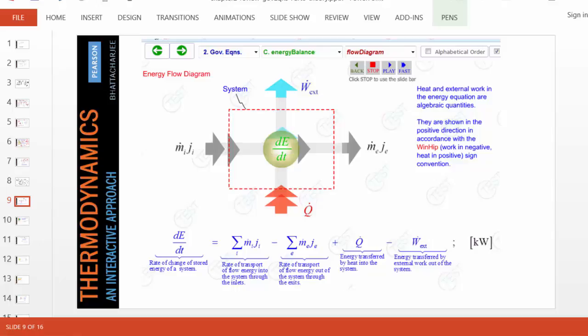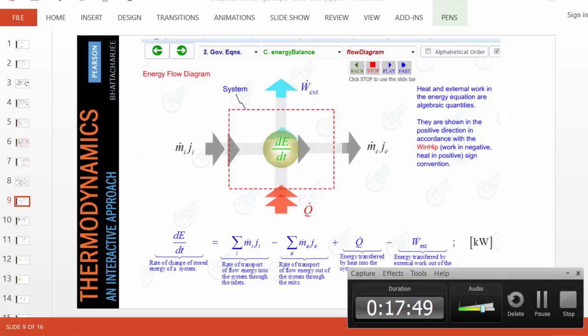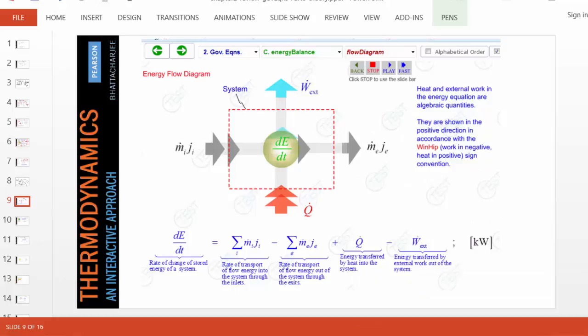So the energy equation for an open system shown in the red boundary is given by the following equation, where dE/dt is the rate at which the energy stored inside the system is increasing. dE/dt is positive means the energy inside is increasing, shown by this bubble here. Again, this you can show in this animation, go and check it out.